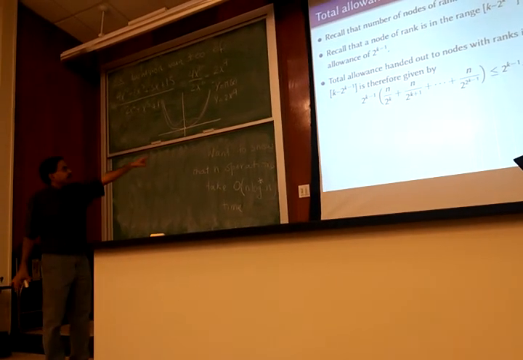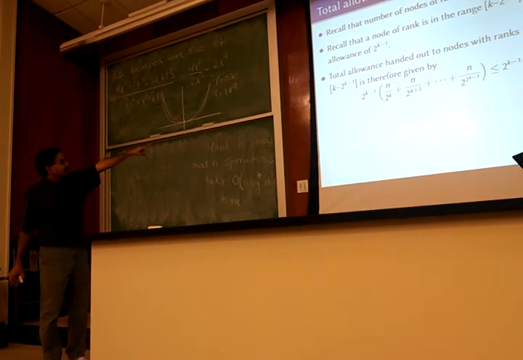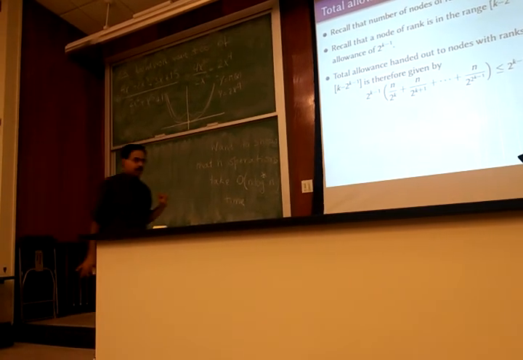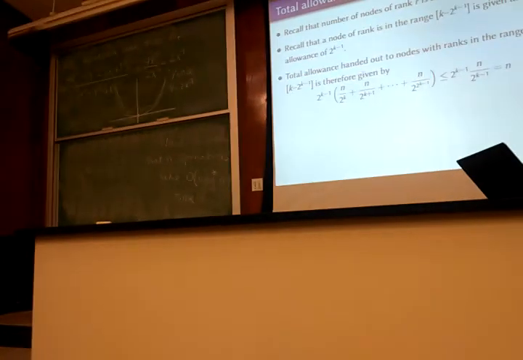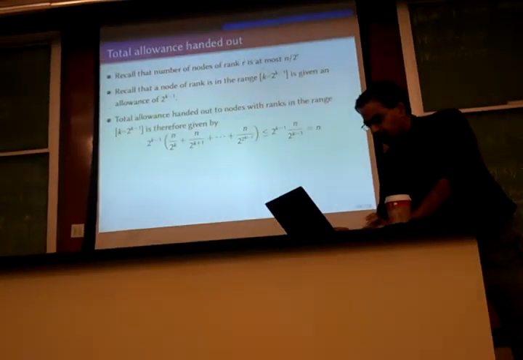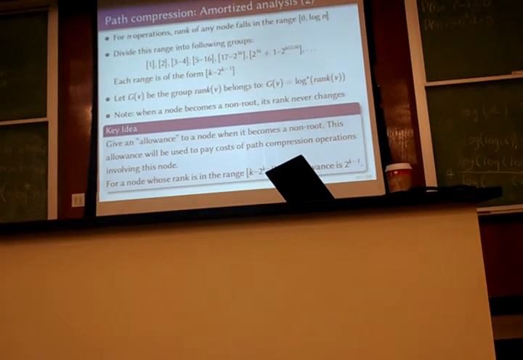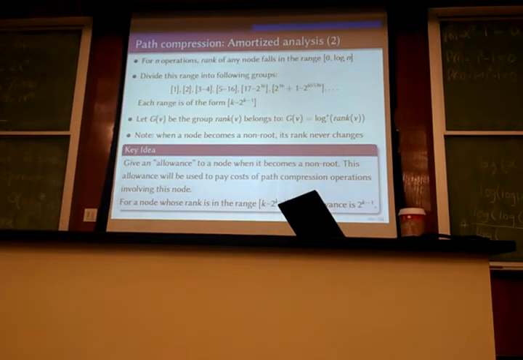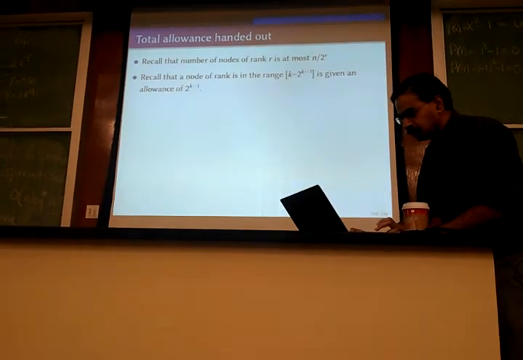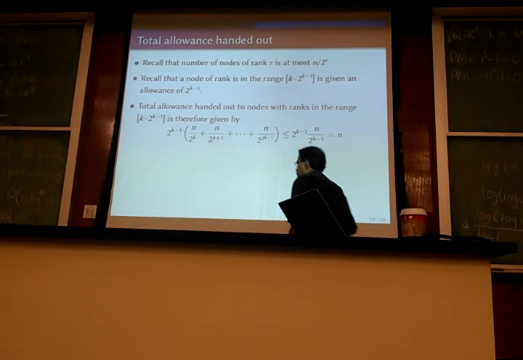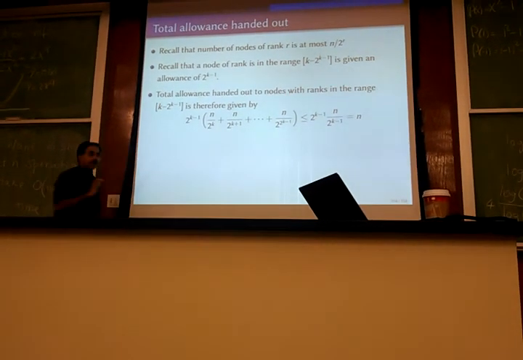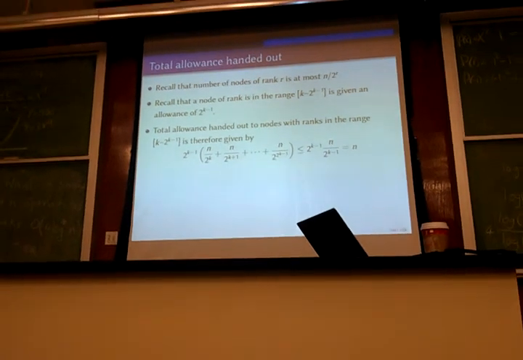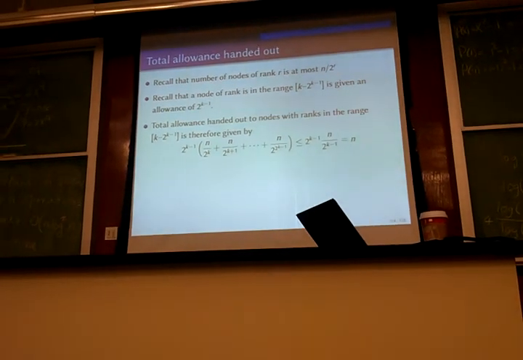What we are doing is trying to figure out how much allowance we handed out to nodes in one of these ranges. Remember we have split this into, at this point, 6 ranges, and we want to calculate the allowance that's given to nodes in each range. So consider the range k to 2 to the power k minus 1. That means we are talking about nodes with ranks k to 2 to the power k minus 1.